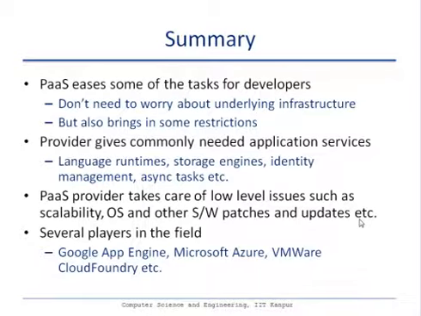And the PaaS provider, like Google App Engine, will give you the necessary APIs and application services such as storage engines, identity management, as we saw, asynchronous tasks, etc., and language runtimes, which are required for your applications to run. And the PaaS provider takes care of the low-level issues.